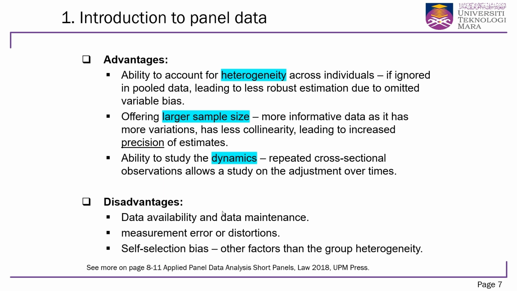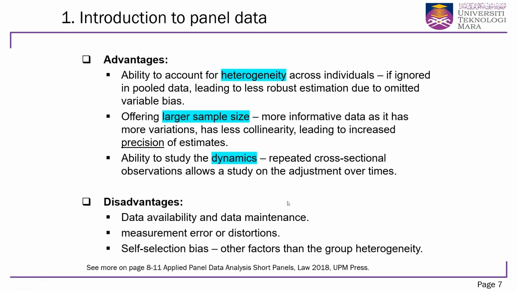However, the disadvantage of panel data is that because the data is always large in size, it may have difficulties in maintenance, and also some missing observations might happen, which will impact our estimation. Because we are collecting for many countries or many firms, some countries might have missing observations, and therefore it might impact our analysis.